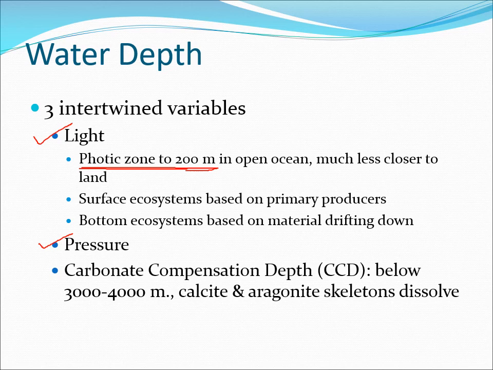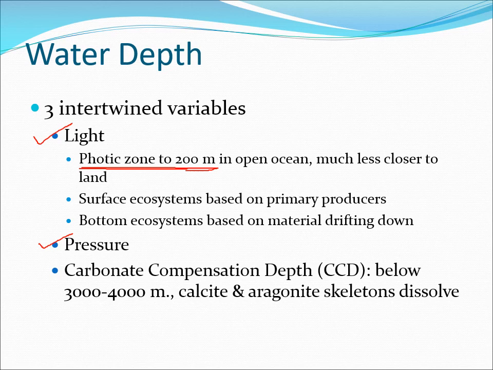So it is only the top 100 meters which gets sufficient sunlight for plants to do photosynthesis. So a very narrow zone within the entire ocean water column.